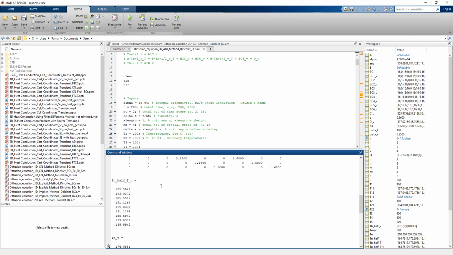For the first time step of 50 seconds, we have the temperatures given here. This may be a little bit different than what's shown on the PowerPoint, as in this particular case I interchanged I and J coordinates.